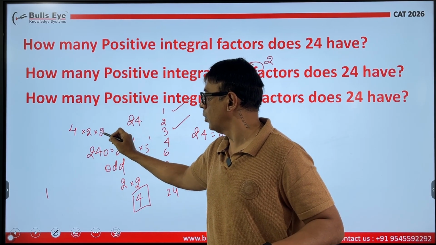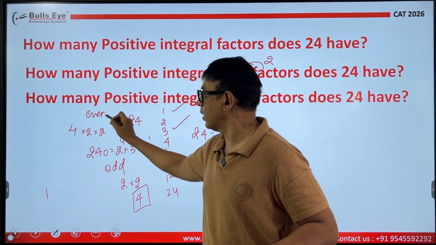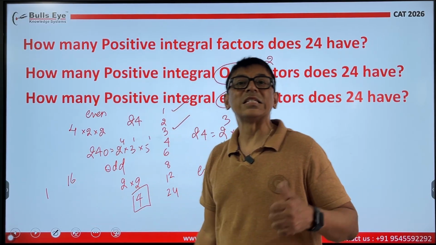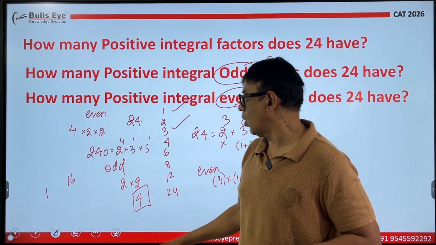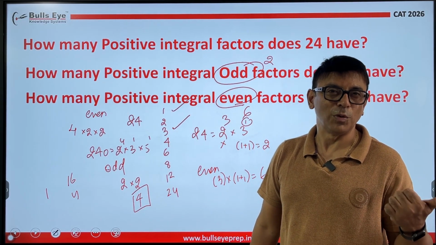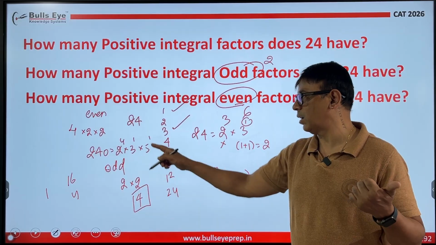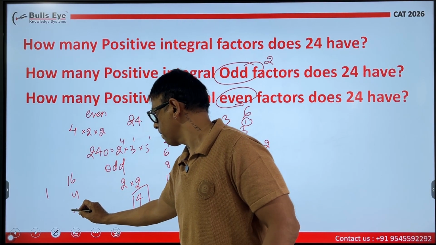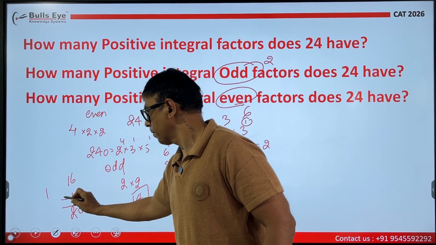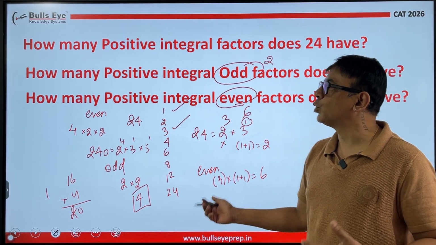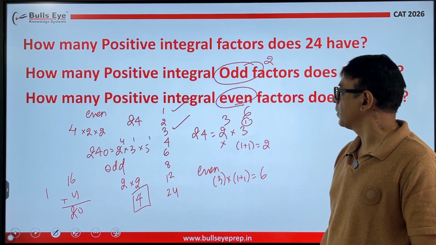This will give you the even factors. 4 2s are 8, 8 2s are 16. 16 even factors, odd factors are 4, and the total factors, as we did in the previous question, are 20. 5 2s are 10, 10 2s are 20. So that is how you find out the odd factors, even factors, total factors.